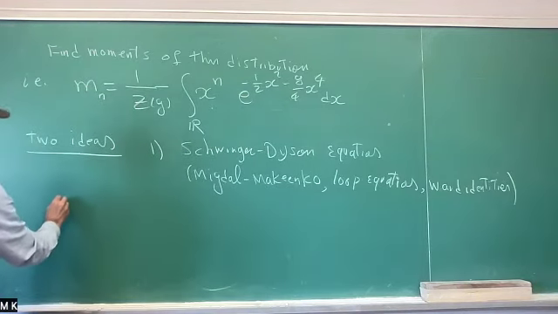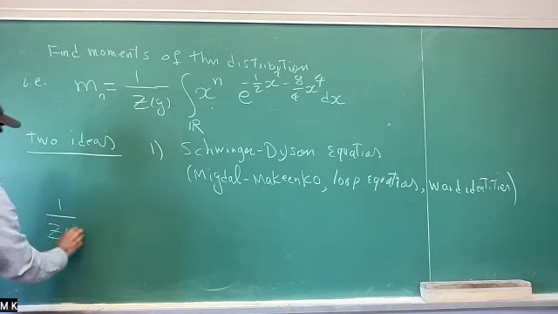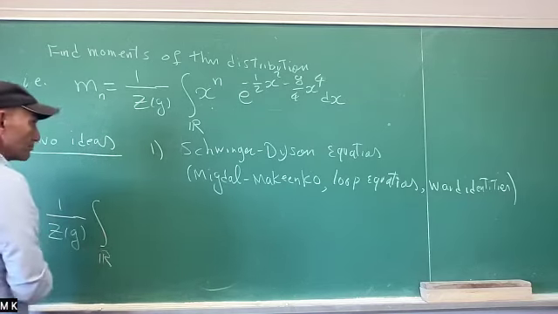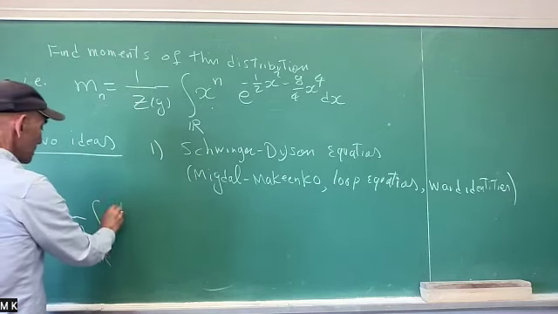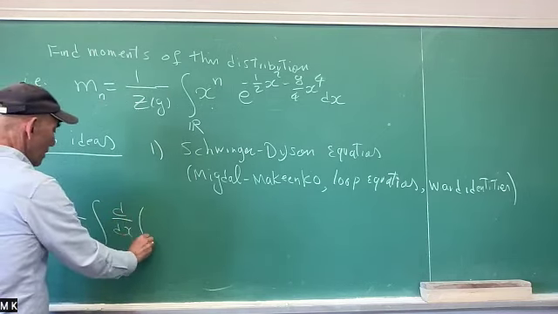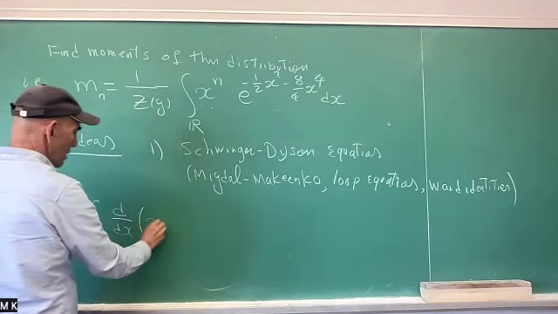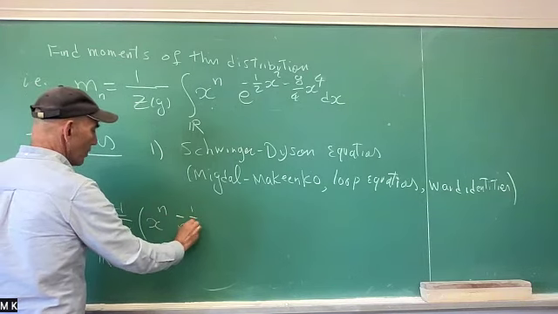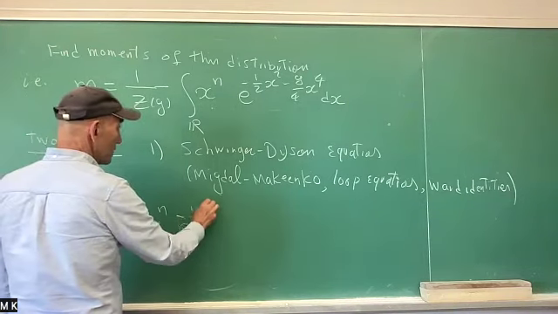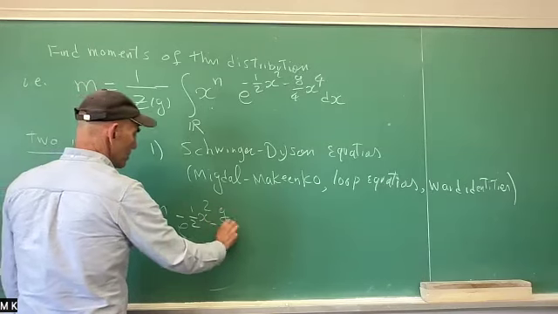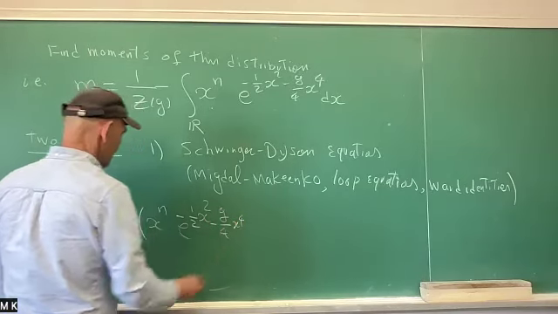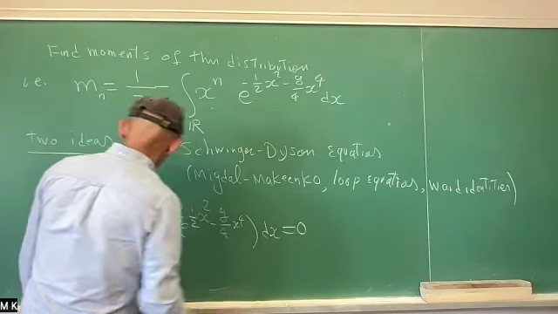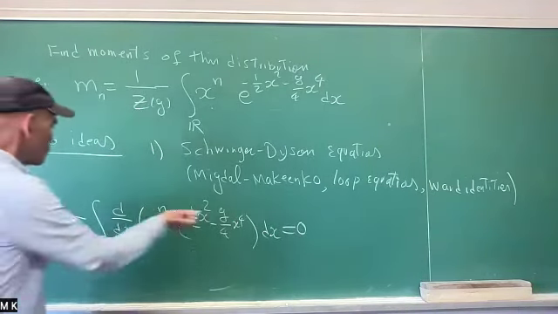So the idea is the following. 1 over Z(g) integral over R of d/dx of x^n e^{-1/2 x^2 - g/4 x^4} dx is equal to 0. This is true for all n equal to 0, 1, and so on.